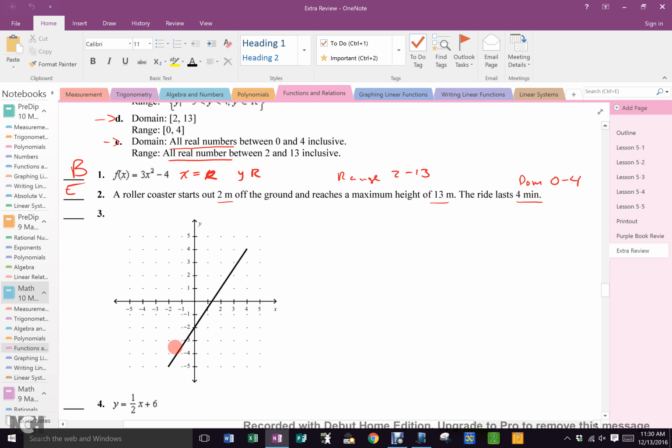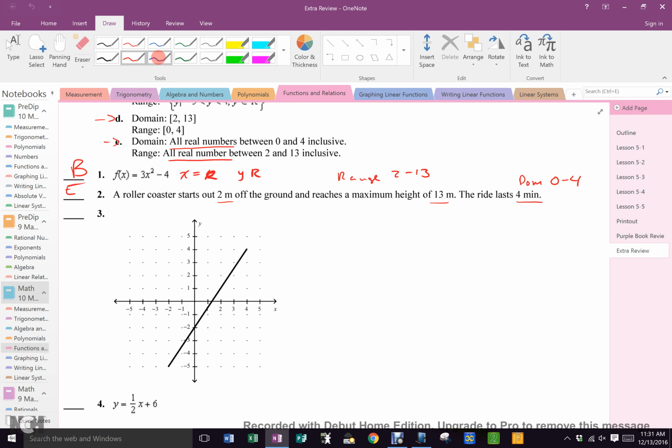Okay, so we want the domain and range of this one. Domain goes from -2, which it hits, up to positive 3. I lie, positive 4. And the range goes from negative 5 up to 4.